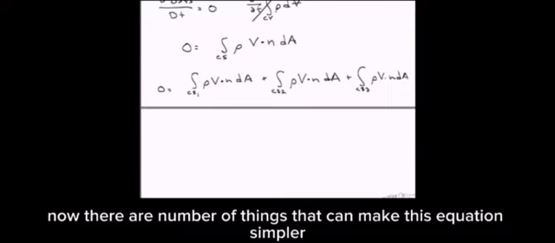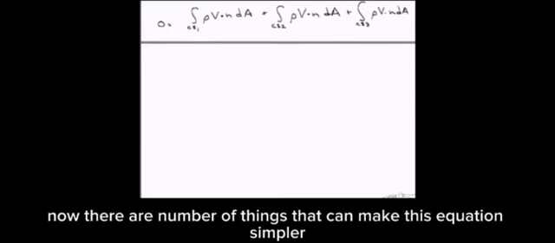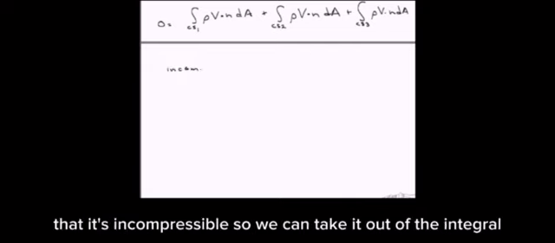Now there are a number of things that can make this equation simpler. First of all, we're going to assume that rho is constant, that is, incompressible, so we can take it out of the integral, and then you notice that we can cross out rho.